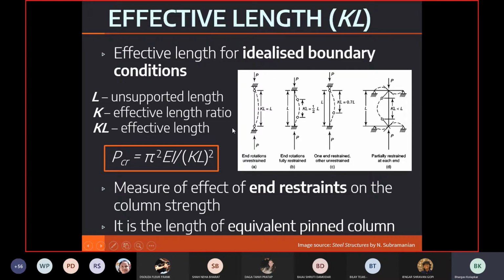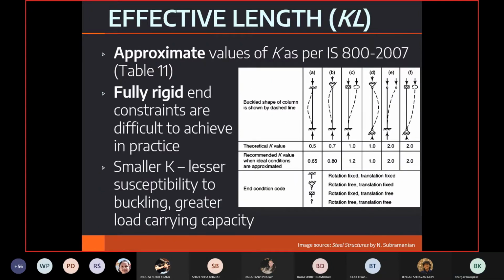But in actual practice, we cannot achieve these perfect conditions. We cannot achieve a perfectly fixed support, or a perfectly pinned support. There's always some rigidity, or some flexibility in the support, as a result of which it can never be a perfect pin, or a perfectly fixed support.